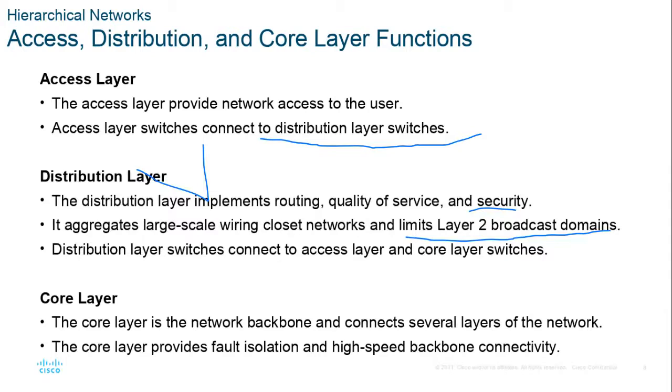The switch function in the distribution layer chassis switch will go ahead and flood stuff, but when it hits that router function, routers don't forward broadcasts. So distribution layer switches connect upwards to access layer switches and downwards to the core layer switches that give us fast, high-speed connectivity of the entire network.